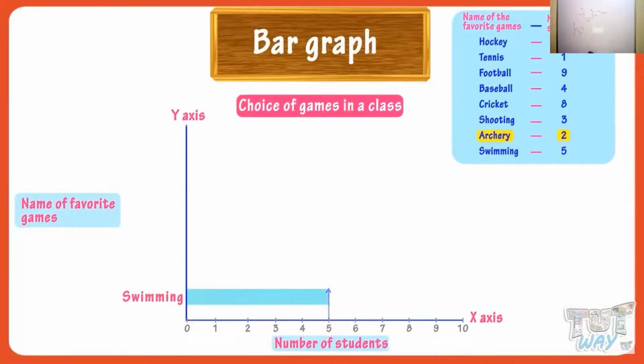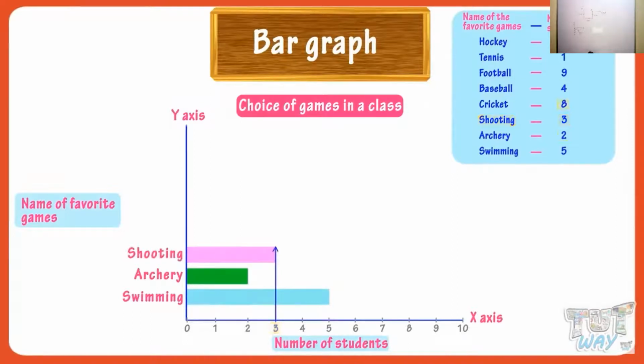So make a rectangular bar on y-axis up to the mark of 2 and label it with archery. Now, it's given that 3 students like shooting the most. So make a rectangular bar on y-axis up to the mark of 3 and label it with shooting.